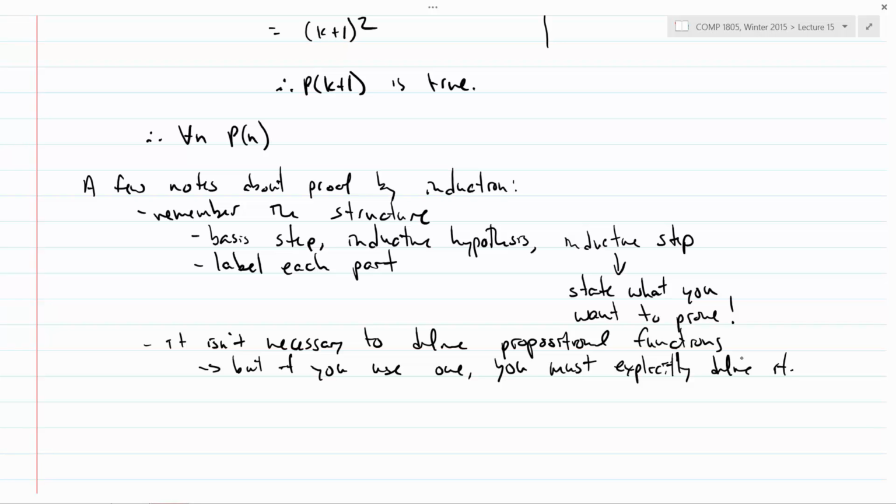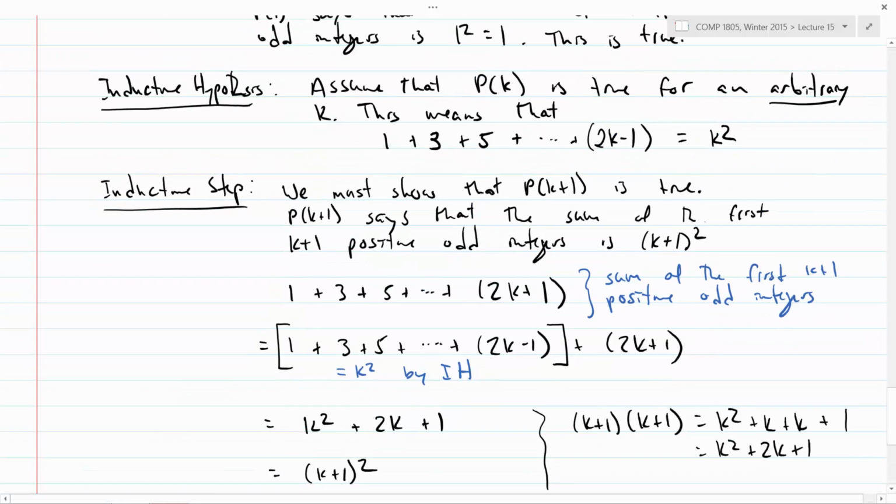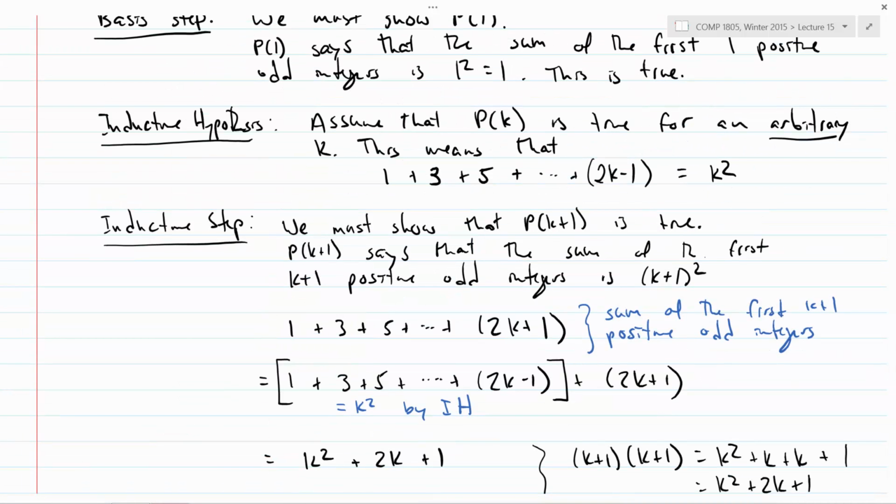Yes, so the inductive hypothesis is what you're trying to prove, but at a smaller value, basically. You don't know what that value is because it's arbitrary. You don't get to choose it. But in the example above, P(k) was that the sum of the first k positive odd integers was k squared. P(k+1) is the sum of the first k+1 positive odd integers is (k+1) squared.